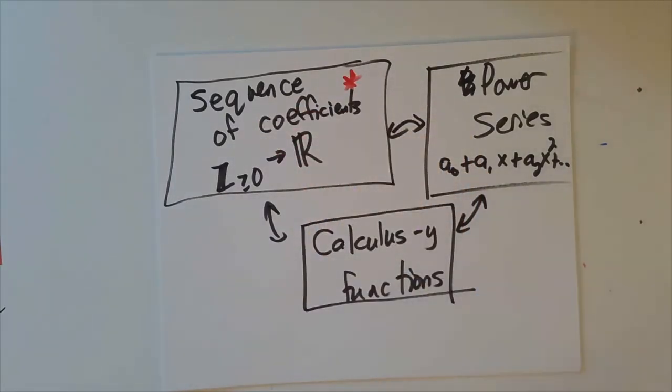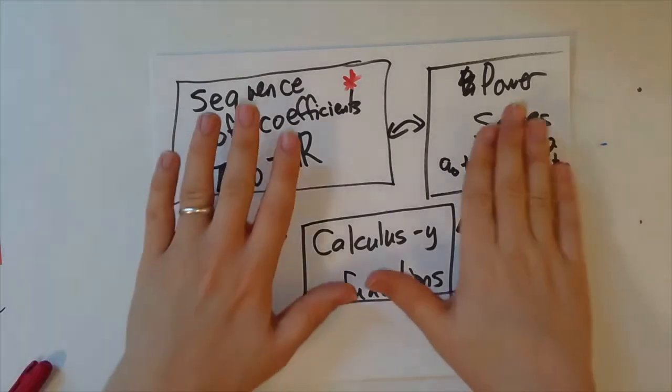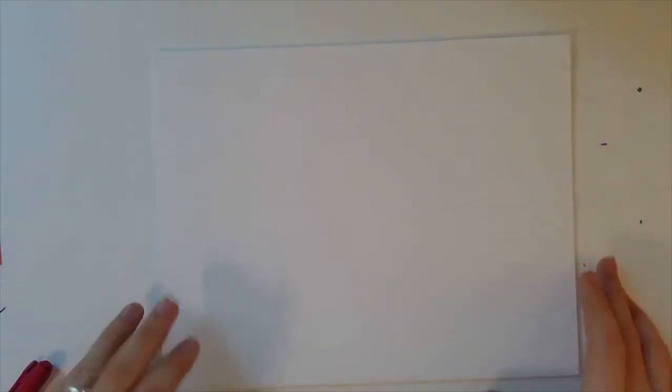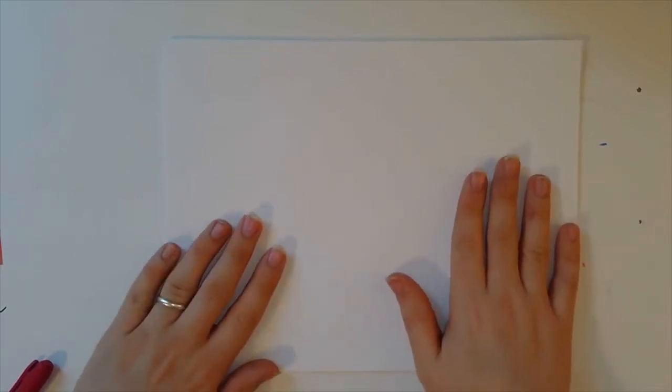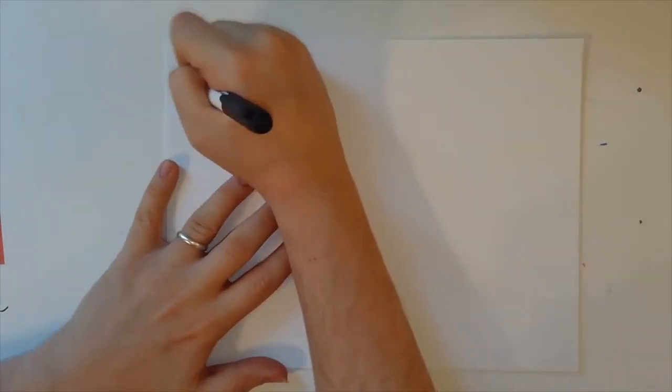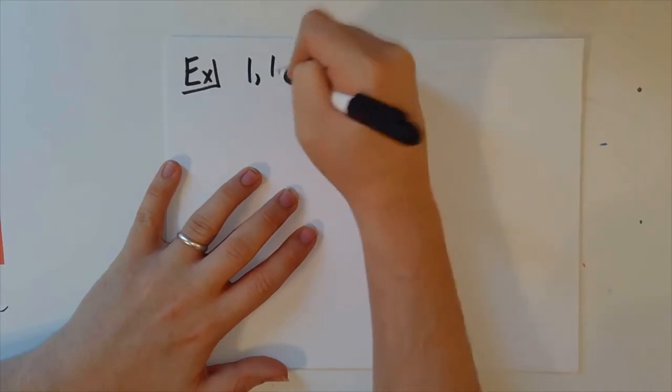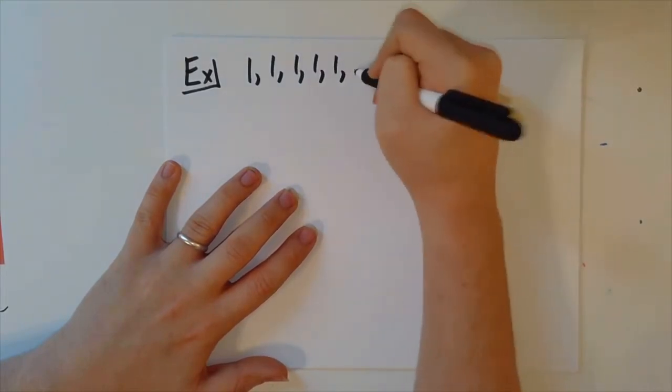Okay, so I want to give you some examples of what this looks like. I will give you a number of examples, and basically this whole week is going to be examples of things of this flavor. But let's start with the simplest sequence that you could possibly start with. So let's start with the sequence 1, 1, 1, 1, 1, and a bunch of 1s.